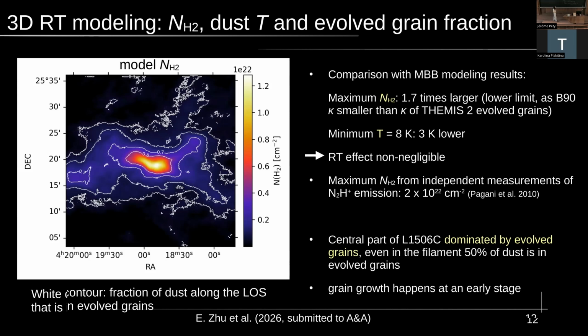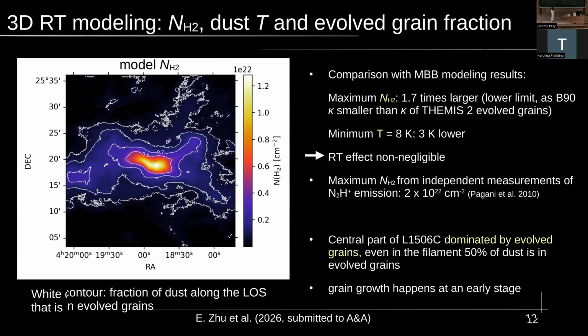And this 1.7 is even just a lower limit because the B90 kappa we used for MBB modeling is smaller than the kappa of Themis 2 that we use for SOC modeling. And the modeled minimum temperature is 8 Kelvin, which is 3 Kelvin lower than MBB modeling results. So these differences mean that even if we don't have a very dense core, and even if we don't have an internal illuminating source, radiative transfer effects are not negligible.